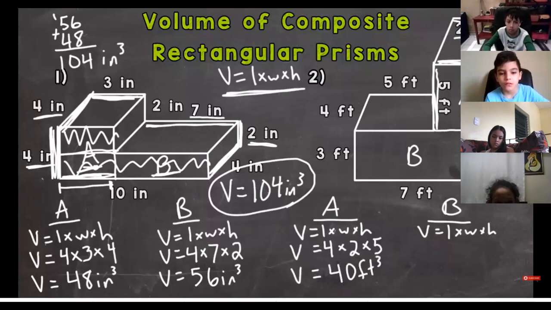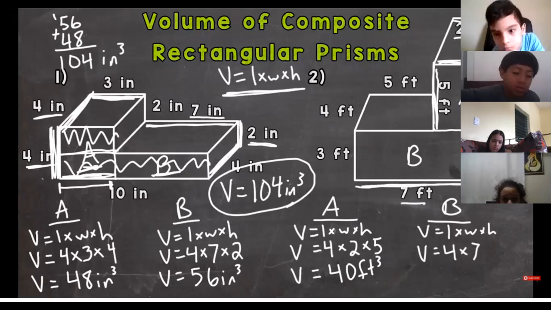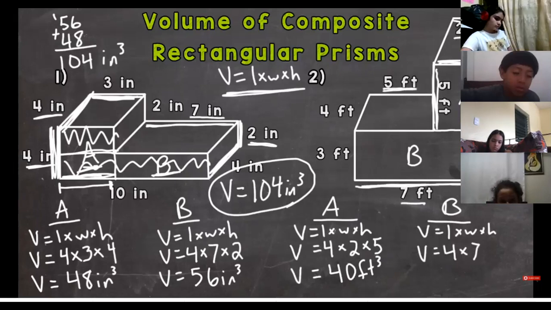Now for B, the length. Well, that whole composite rectangular prism goes back 4 feet, which again, we use this 4 here. And then we need to multiply it by the width. Now B does go all the way across, so we can use this 7. Don't use this 5 here, that 5 won't be used. It doesn't go all the way across, so again, we need this 7. And then times the height, don't use the 8, because again, the 8 is all the way up.